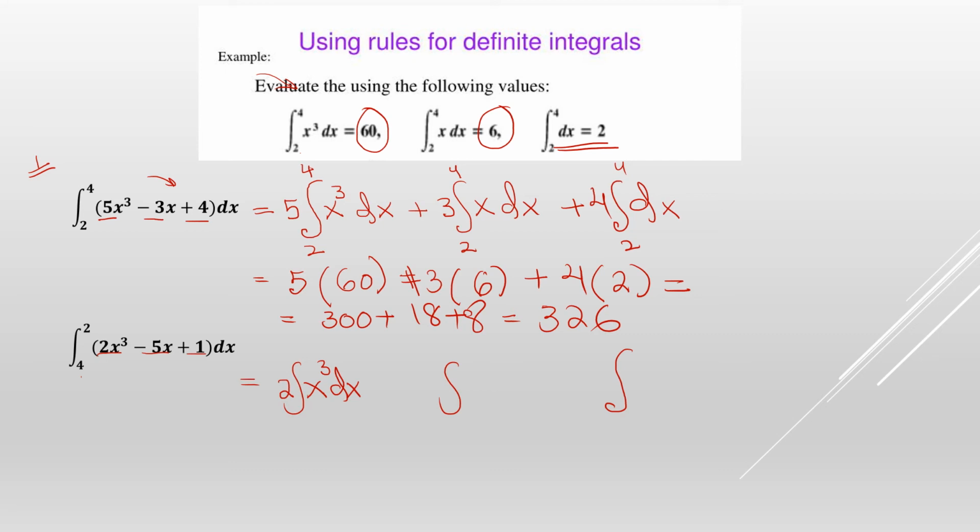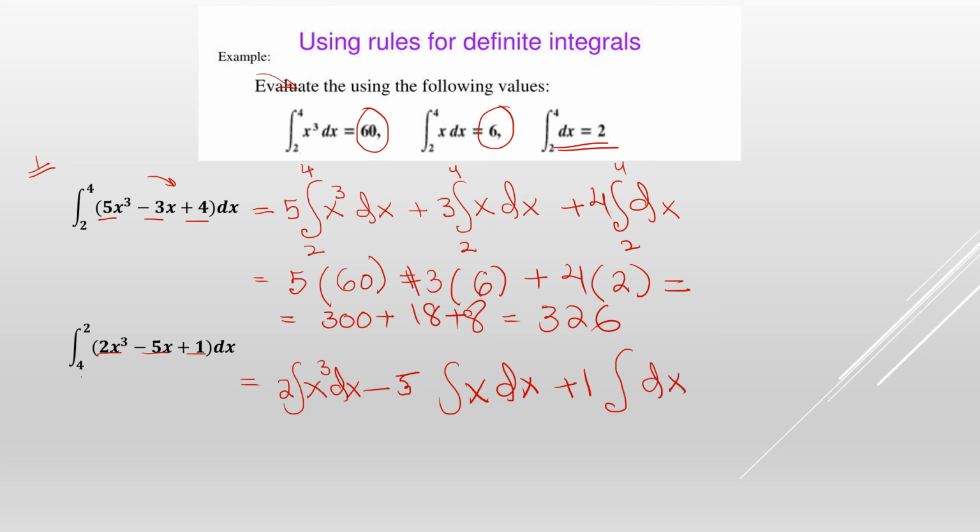Then the second term is minus 5 outside, x inside, and dx. Similarly, plus 1 outside, and inside the integral sign it will be only dx.